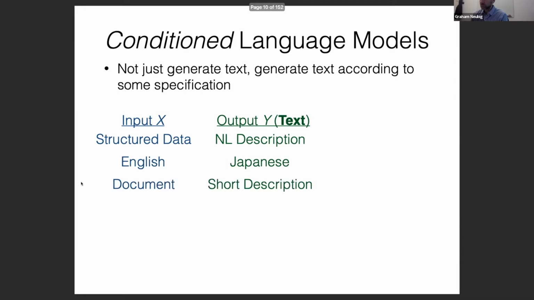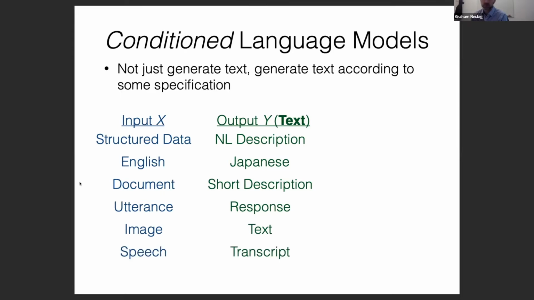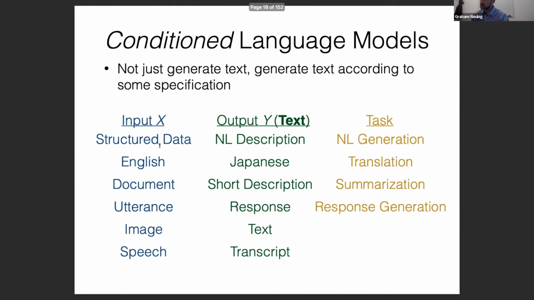And our input could be an utterance, output a response, input image, output text, input speech, output transcript. So you can see that a lot of different tasks, data to text generation or natural language generation, translation, summarization, response generation, image captioning, and speech recognition all fit within this general paradigm.